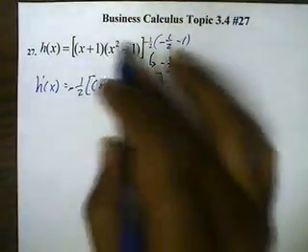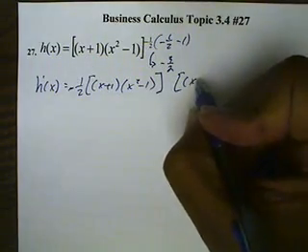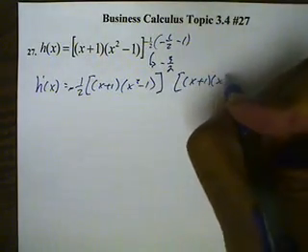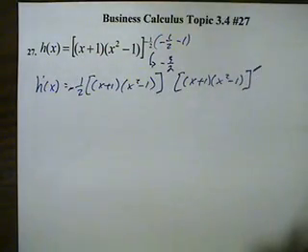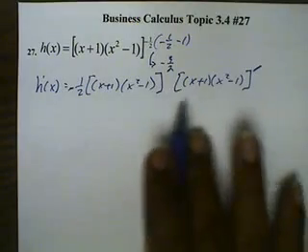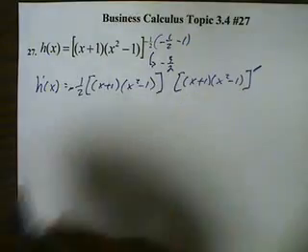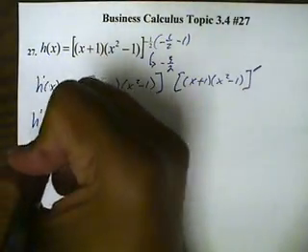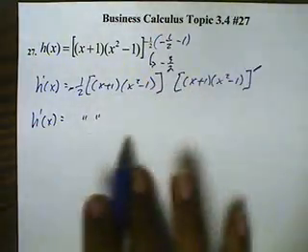Alright, now this function right here, chain rule, we'll take the derivative of it on the outside. So I'll just rewrite x plus 1, x squared minus 1, and I'll put a derivative on that. Now, the work that we're going to do now is trying to take the derivative of this. This first part we're going to leave alone and not really work with that until the end. So I'll just put a little repeat mark here.